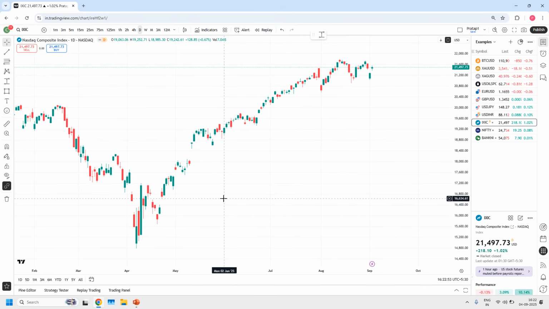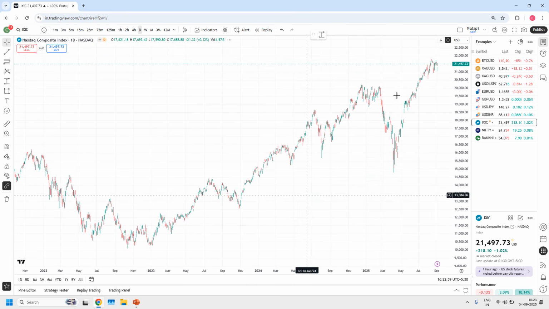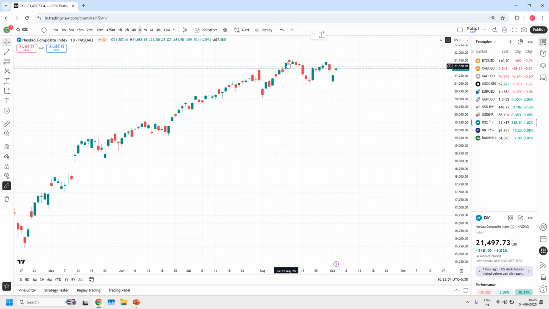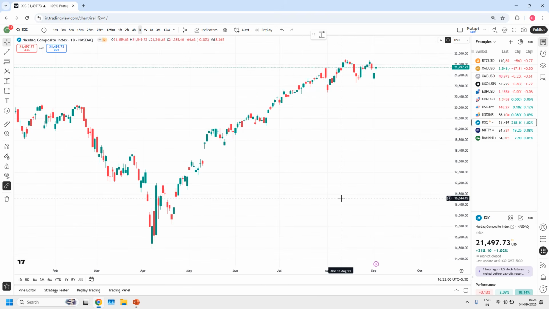And next, let us look into NeoStock, the US indices. Now NeoStock is moving at an all-time high. The prices are at all-time high.